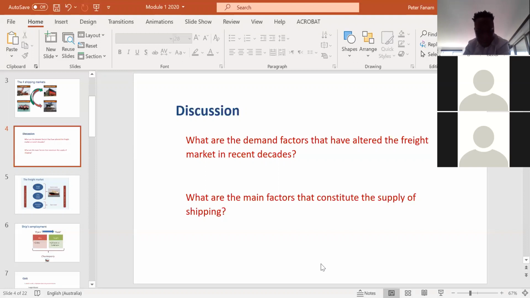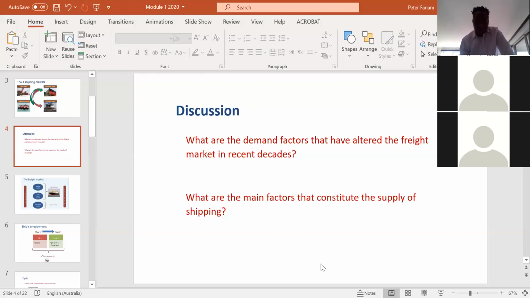Okay, so for question one, the demand factors that have altered the freight market in recent decades. We've said the economy has definitely impacted or altered the freight market, as in 2008 we had a global recession. Then the next point we have put down is freight wars.